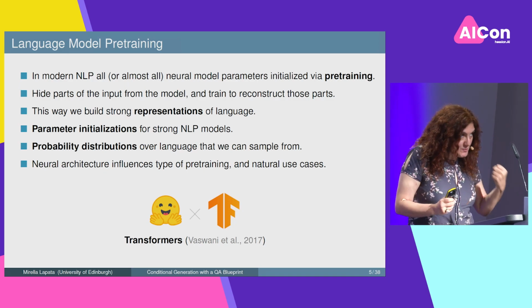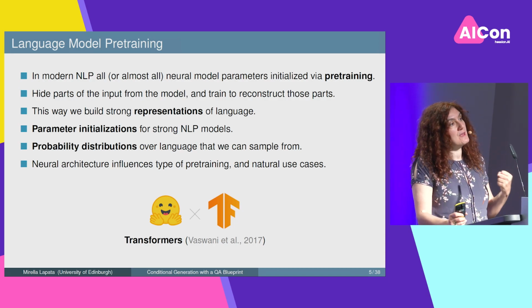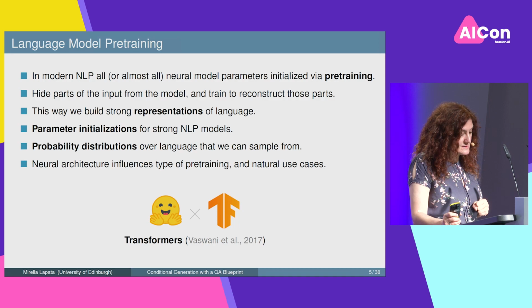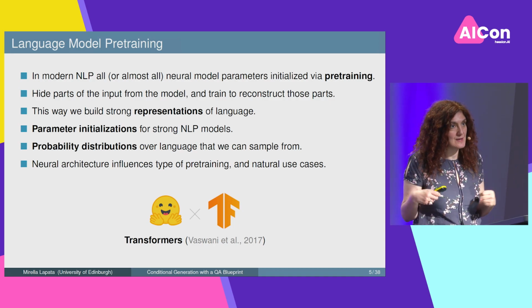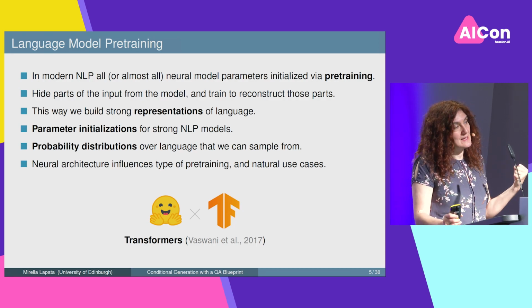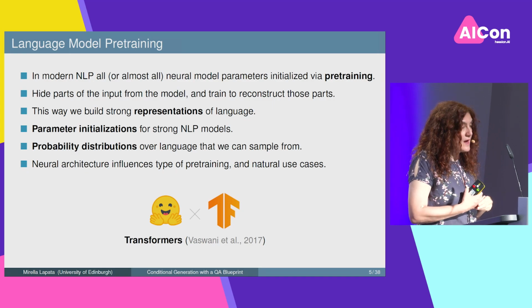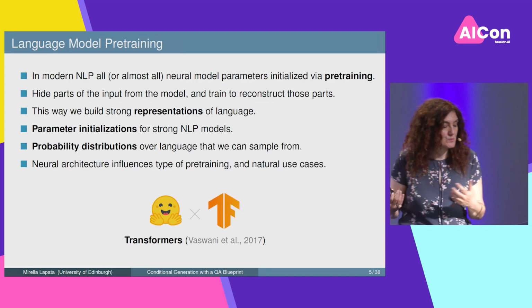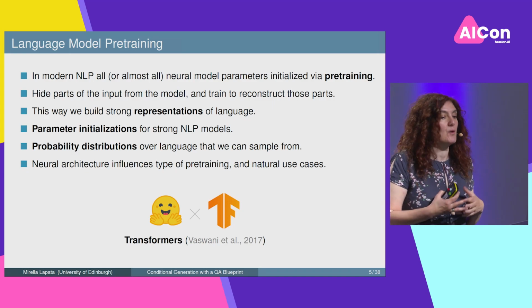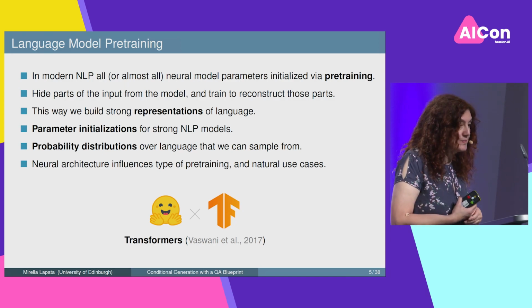The way pre-training works is we hide parts of the input from the model, and we train the model to reconstruct those parts. This way, we build representations of language. The parameter initializations allow us to build powerful NLP models, but they also give us probability distributions, which are useful because we can sample from them and use them to do things like generation.